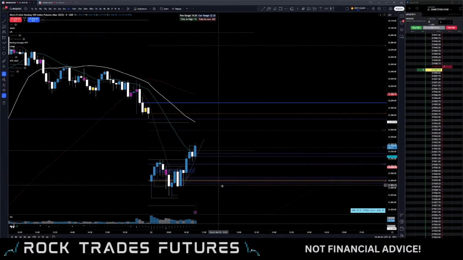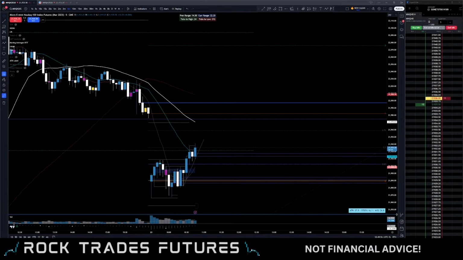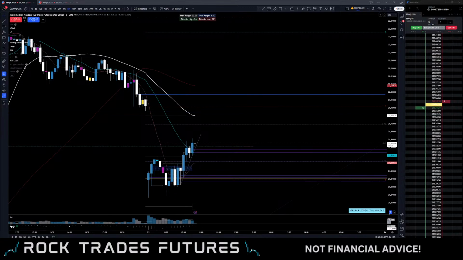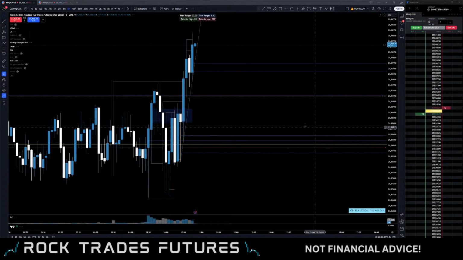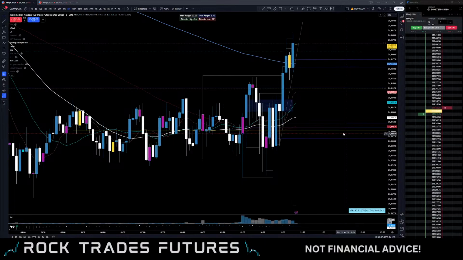Price is about to close above the 50% range of the open range gap on the 5-minute chart. But it fails last minute. All right. Okay. Closes right at it. More inclined to go short now. Seeing that.